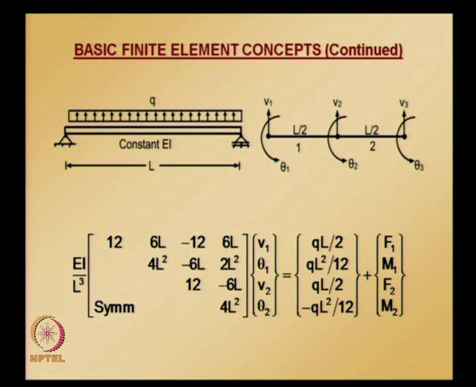Since there are no point forces for this problem, F1, M1, F2, M2 are going to be 0. The length of each element is 0.5L, so in the element equations L needs to be replaced with 0.5L.